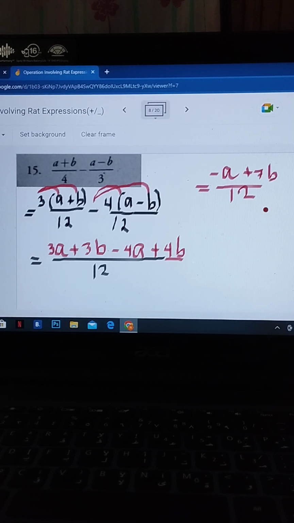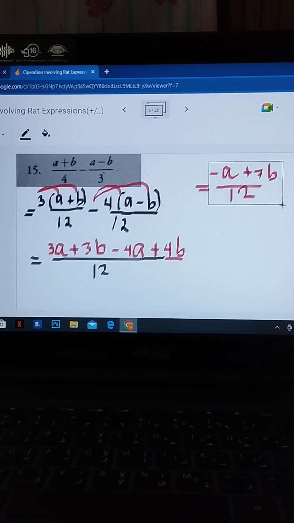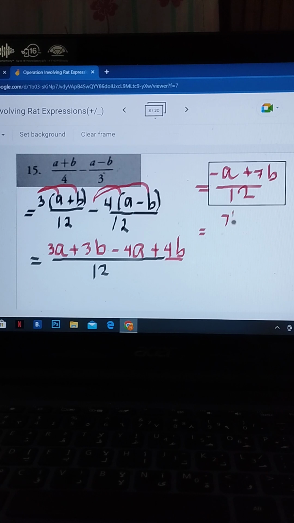Okay, so this is now your answer. Negative A plus 7B over 12. Or you can also rewrite that as 7B minus A over 12.